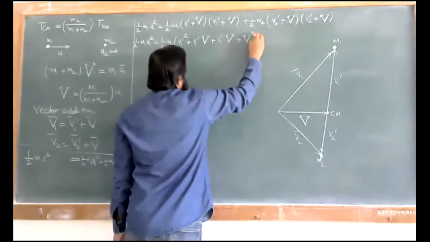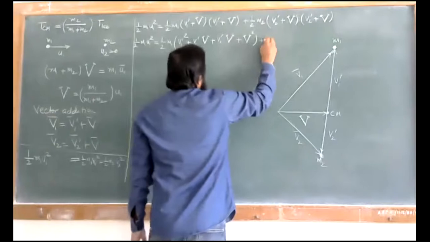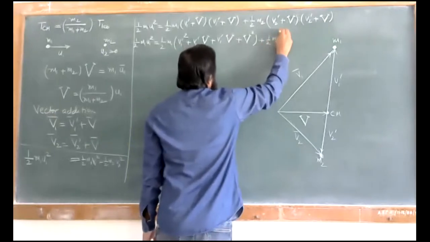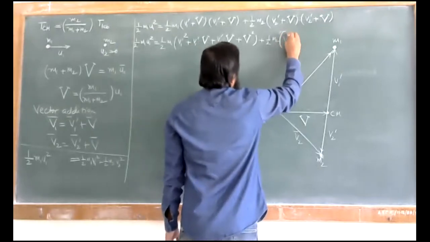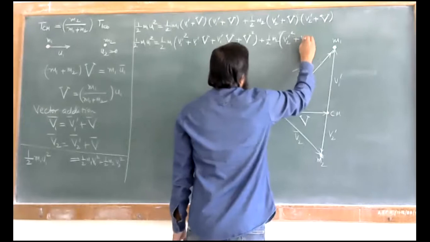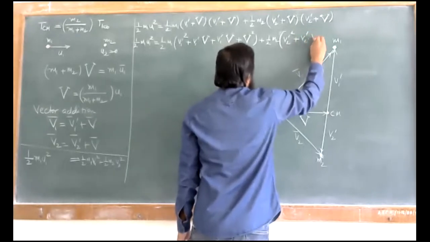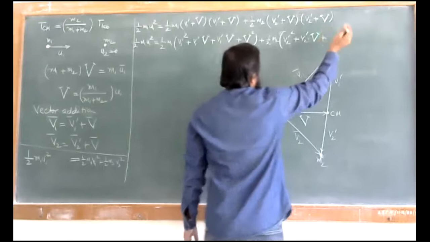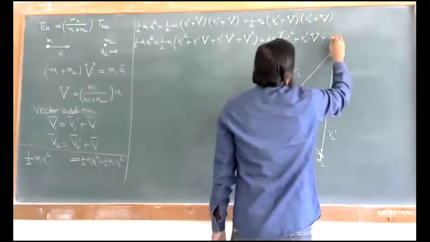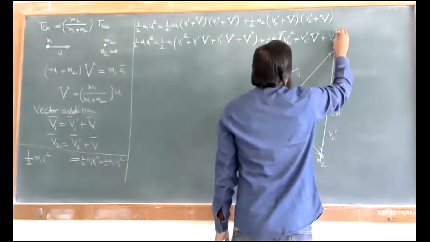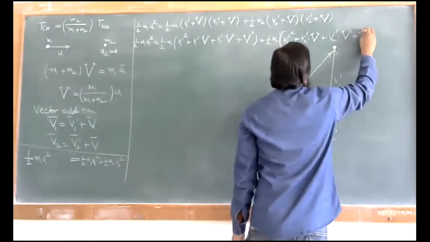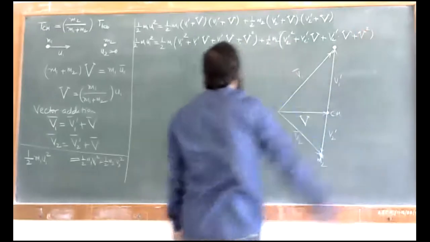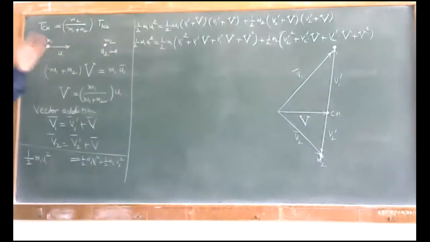That is the first part. Plus the second one, 1 half m2, on the same basis: v2 dash square plus v2 dash into V plus v2 dash into V, and the last term is V square.